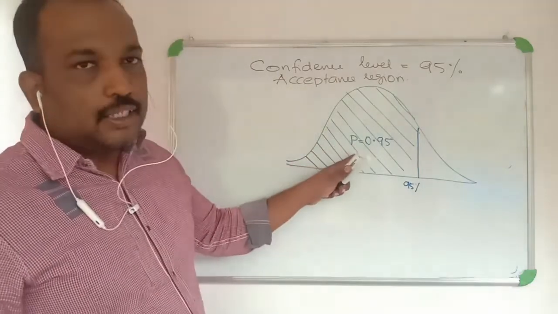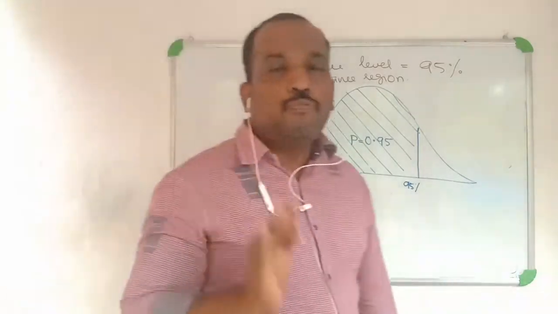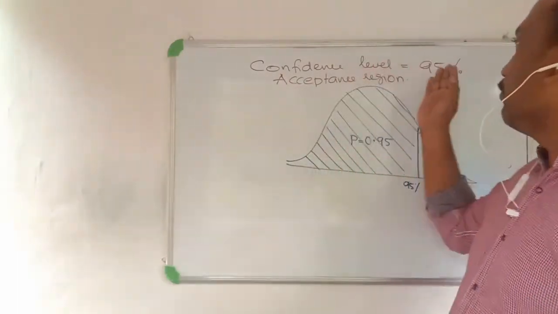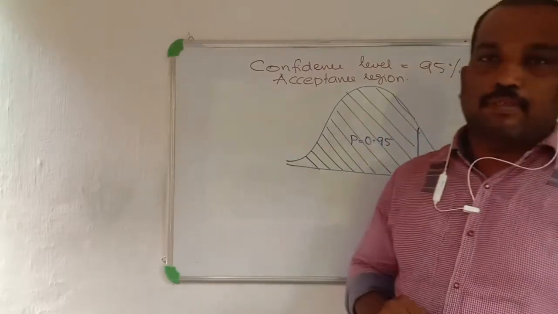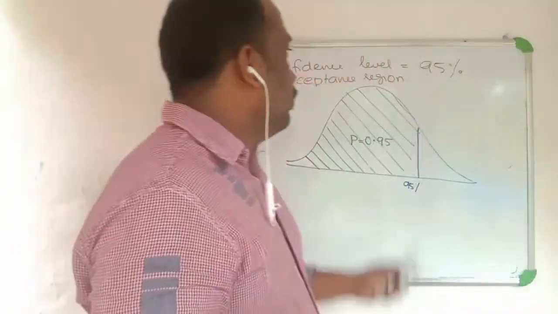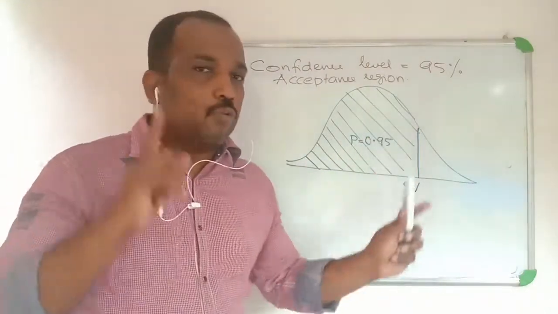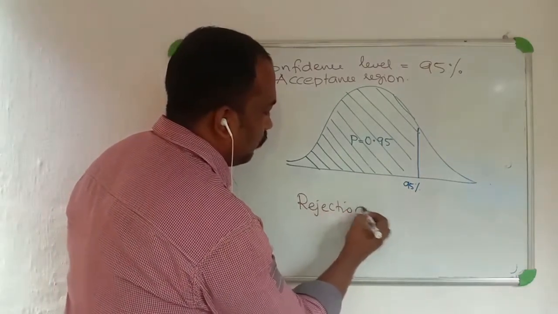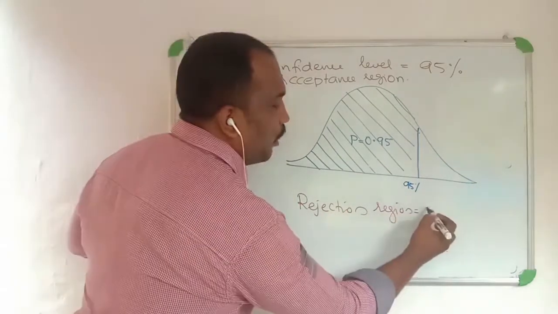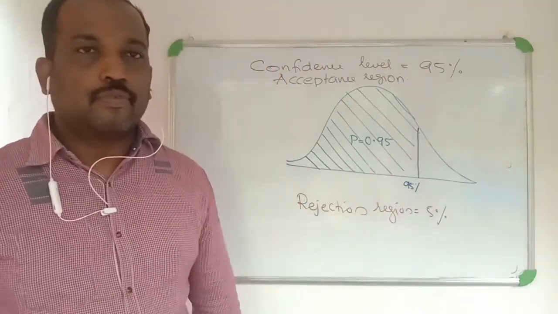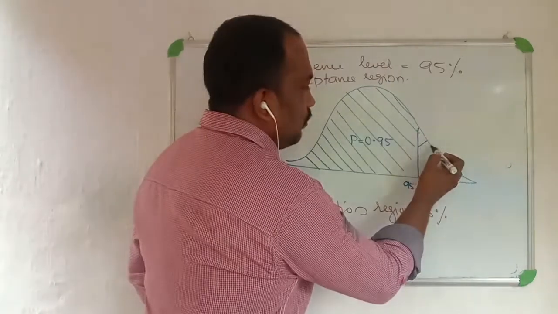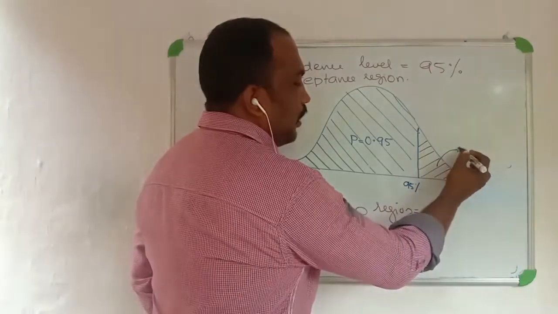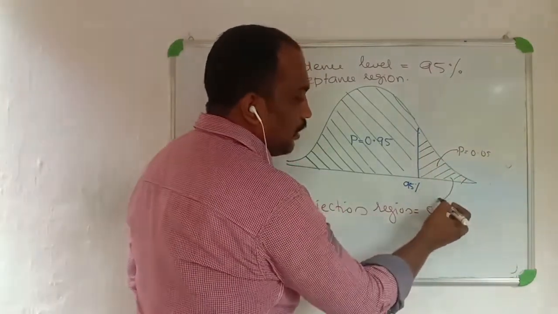So if your confidence level is 95%, whatever values you get within 95% will be accepted. If your acceptance region is 95%, now think what your rejection region is. The rejection region is 5%. That is this region. This region is the rejecting region.